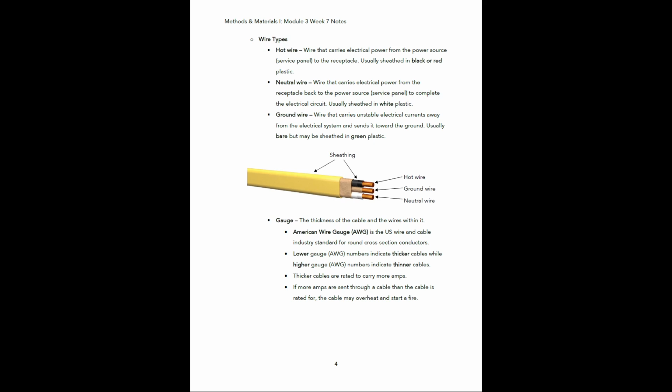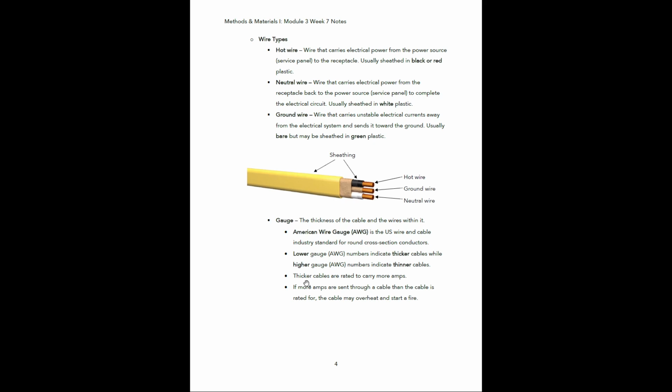You might be anticipating the one with the higher number to be thicker, but actually it's inversely related. Okay, so if it has a lower number, it's going to be a thicker wire, and if it has a higher number, it's going to be thinner. So make sure you remember that.